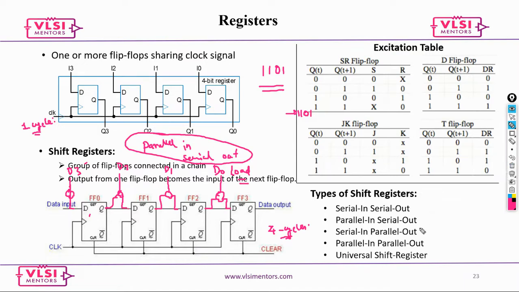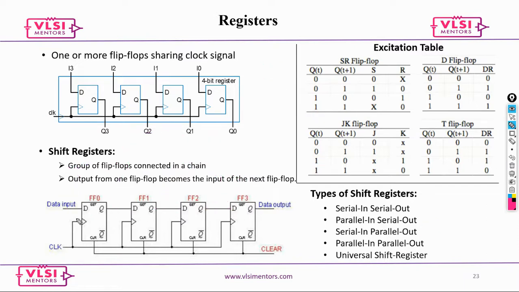Moving on to the next one, you can ask your question or type your question in. Next is serial in, parallel out. What does this mean? You just keep sending the data in here. This is going to be Q3, Q2, Q1, and Q0.